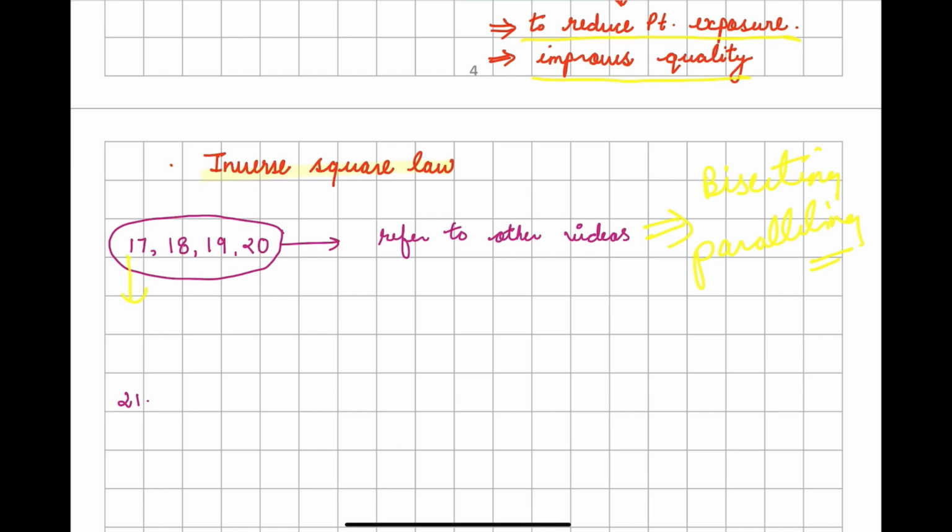Question 17 is intraoral radiograph technique, that is bisecting angle technique and paralleling angle technique. 18 is vertical angulation. 19 is explain foreshortening and elongation. And 20 is how many dental films are required for a full mouth X-ray, IOPR.